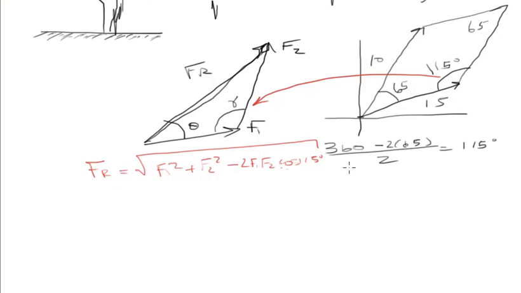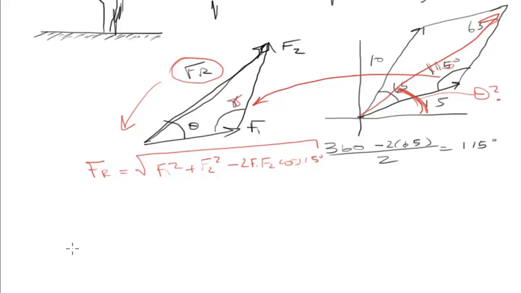So now the question is, well, what angle here does FR act relative to the horizontal axis? So what is theta? And so we can find theta actually by just using the law of sines and what's given. So now we have FR because we just calculated it, and we have gamma because we solved for it here.